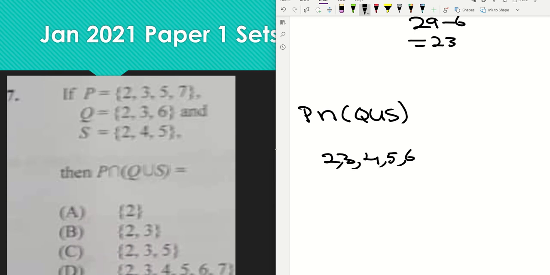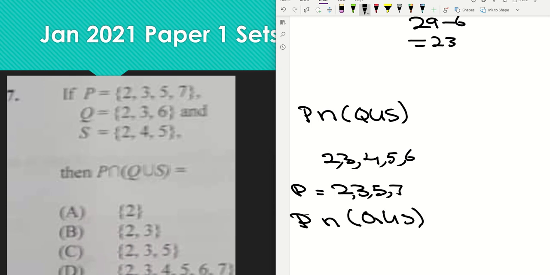Now, P is equal to 2, 3, 5, 7. When they ask for P intersecting Q union S, they want to know what they have in common. What these have in common is 2, 3, 5, so the answer would be C. That's how you would do this question.